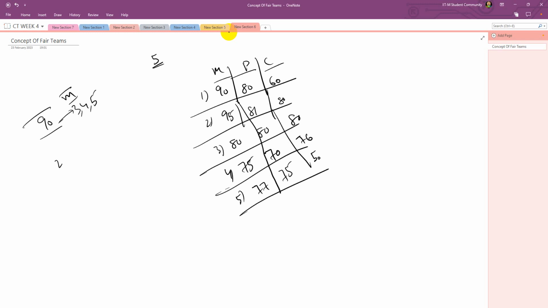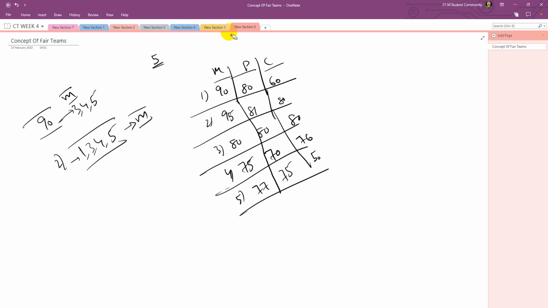And student number 2 can help 1, 3, 4, 5 because all of them have fewer marks in mathematics compared to his marks. This is what a fair team means. Any student who has a better score than another student is suitable to help that student.